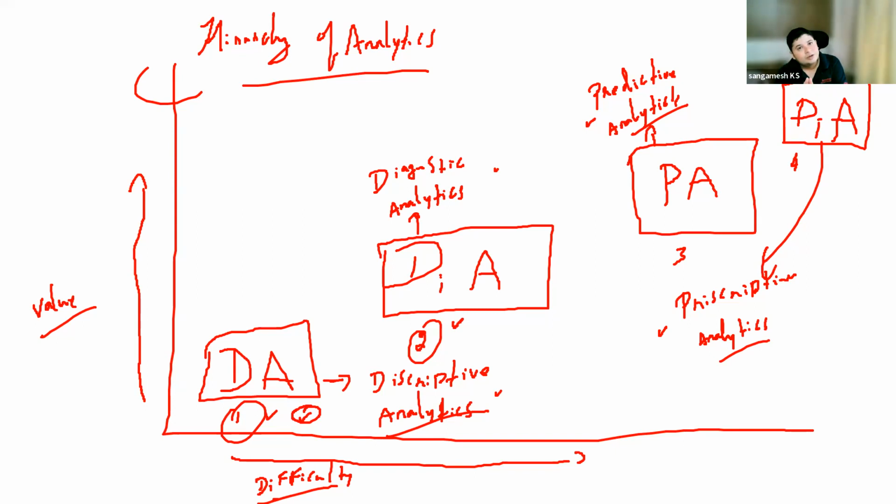We will do analysis on the histogram, we will use box plot, we will try to understand something called skewness. These are all the statistical analysis I'm speaking about. So for doing descriptive analytics, you're purely going to use statistics.